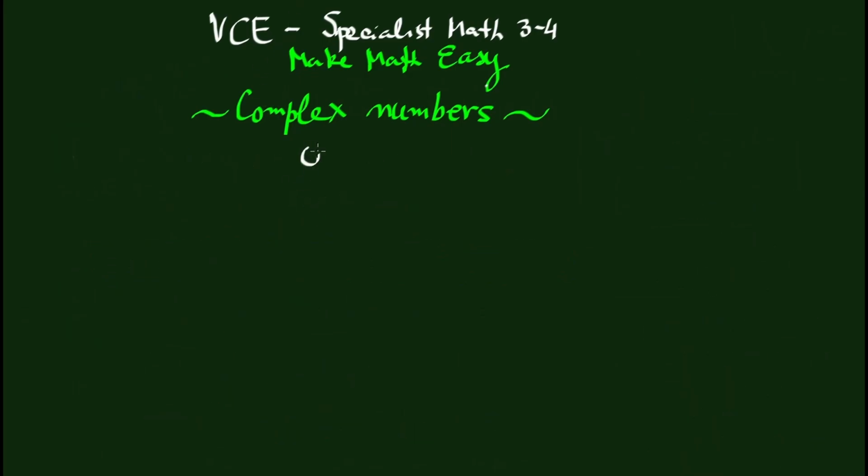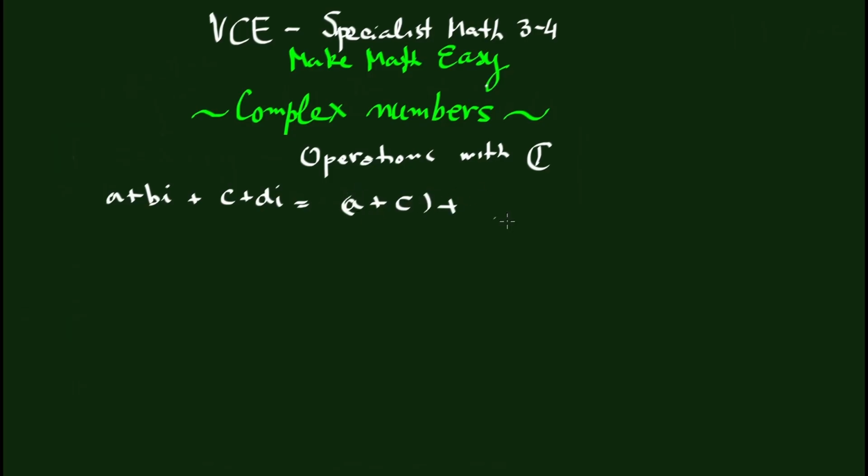Let's continue with the operations with complex numbers. We can add or subtract complex numbers by adding or subtracting real parts and imaginary parts. Say a plus bi plus c plus di equals a plus c plus b plus d i.